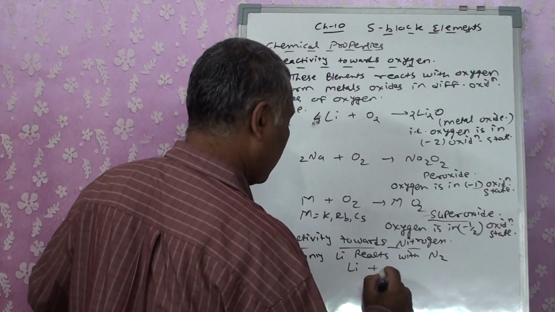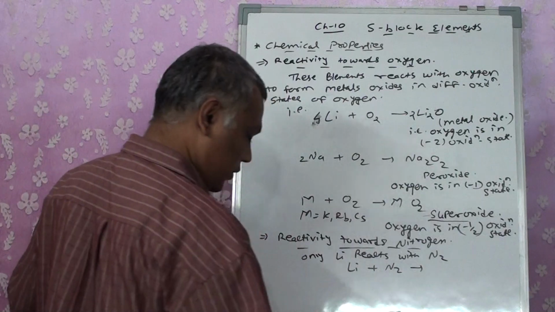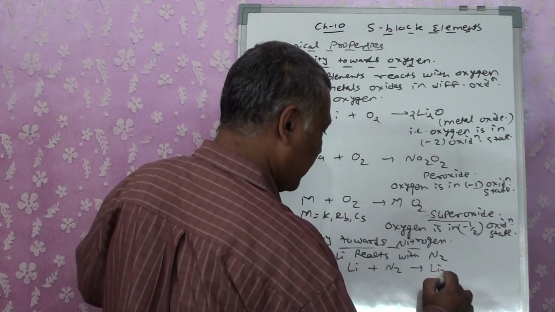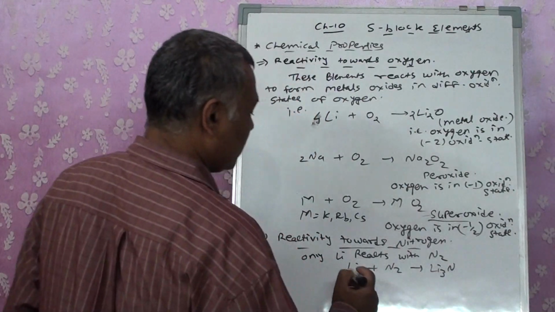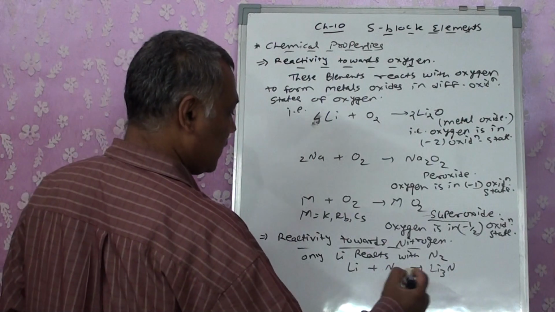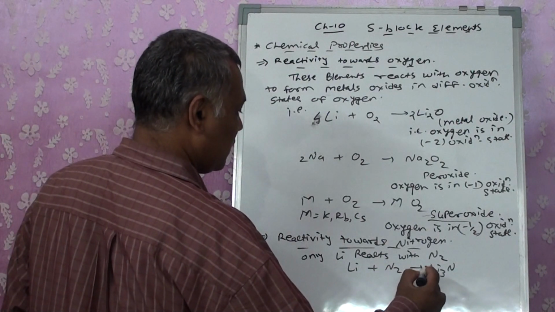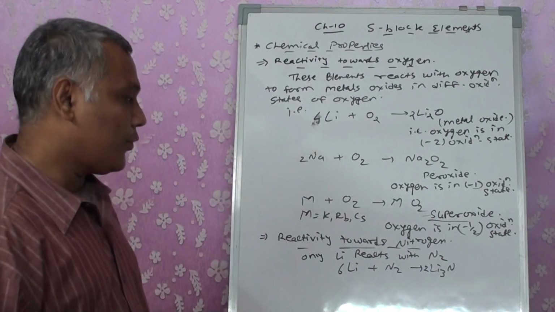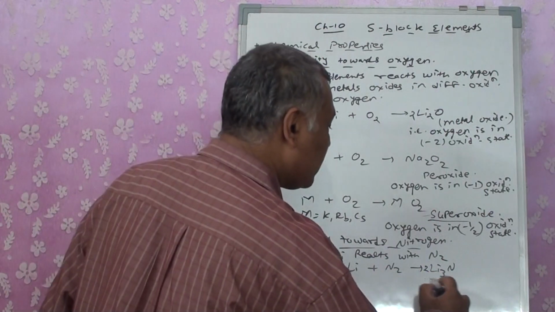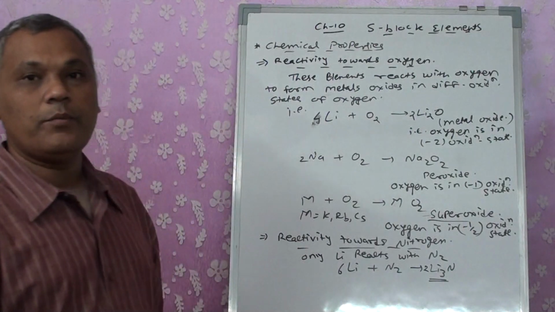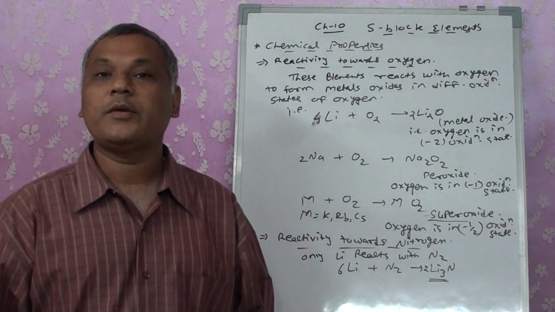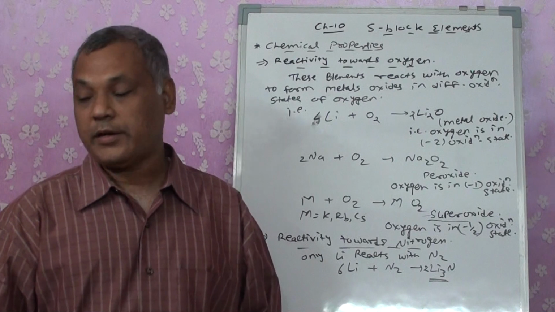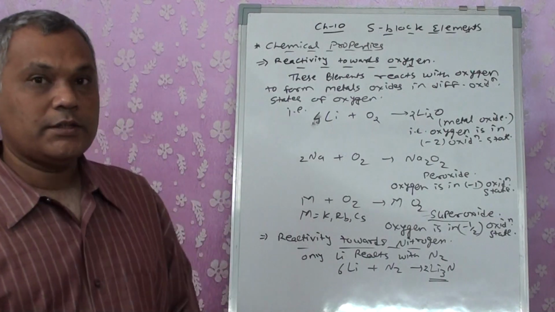It produces Li3N. So if I want to balance it, I get 6Li + N2 → 2Li3N. It's only lithium that reacts. Rest of the elements of this group don't react with nitrogen to form nitrides.